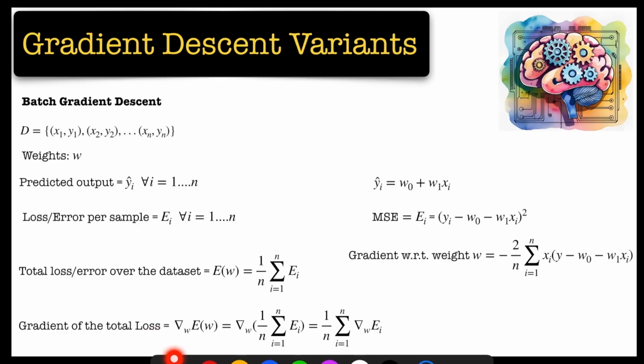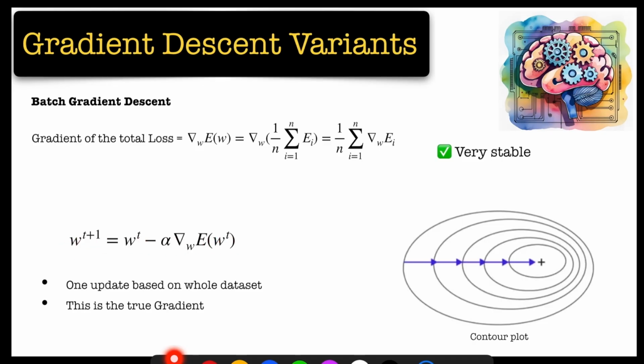The gradient of the total loss will be the gradient of the summation of all the errors. We can simplify this further, but here the gradient we are calculating is over all the data samples. We are taking the total loss over the data set and calculating the gradient for the summation of all the errors. So that is batch gradient descent.